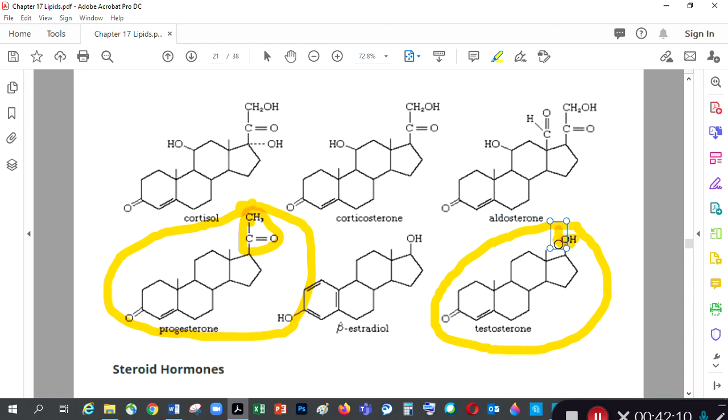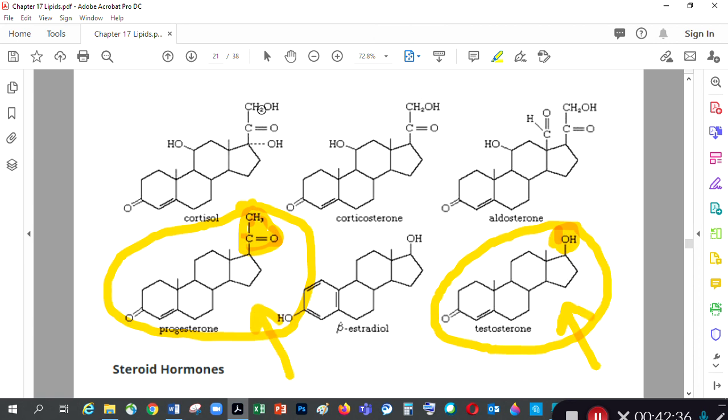So this one here and this one here is the difference between them. So this is testosterone and estrogen. Sometimes you get estrogen or progesterone. So those are male and female hormones. That's a male one here, that's a male one here, and there's a female one here.